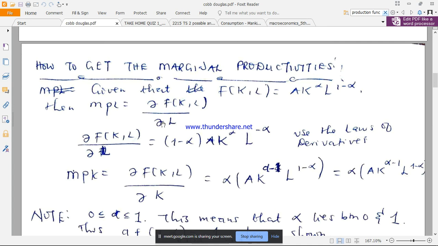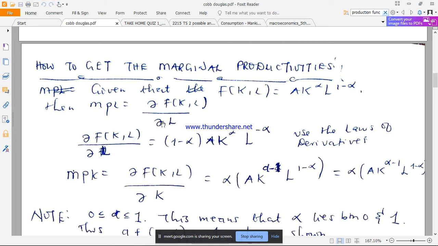So last time we said that a competitive profit maximizing firm is going to continue hiring labor and capital up to a point where the marginal product of that particular input that you are hiring equals its real price or its factor price. Okay, so that is what we want to prove here.